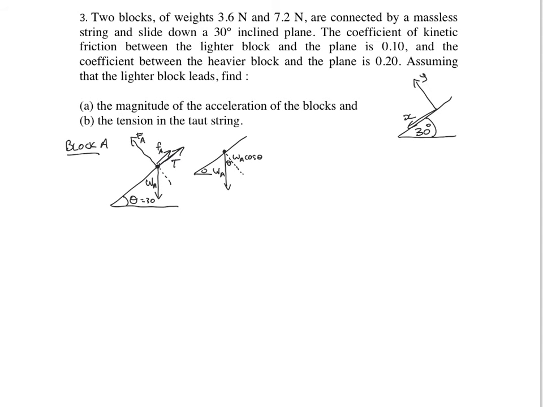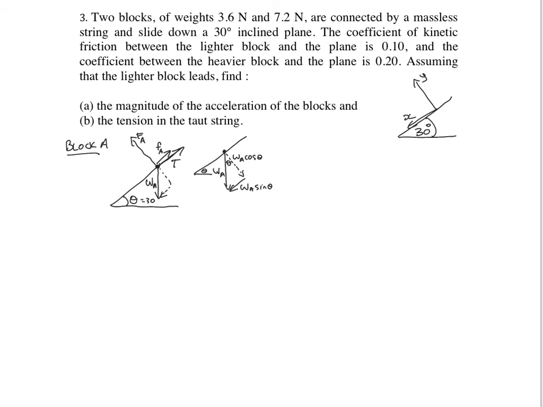It's also this angle here. There's also a component going down the plane, WA sine theta, and that's this one here. So it's that WA sine theta that's supplying a force in the plane, and WA cos theta is providing a balancing force against the normal force, so the thing doesn't accelerate off the plane.